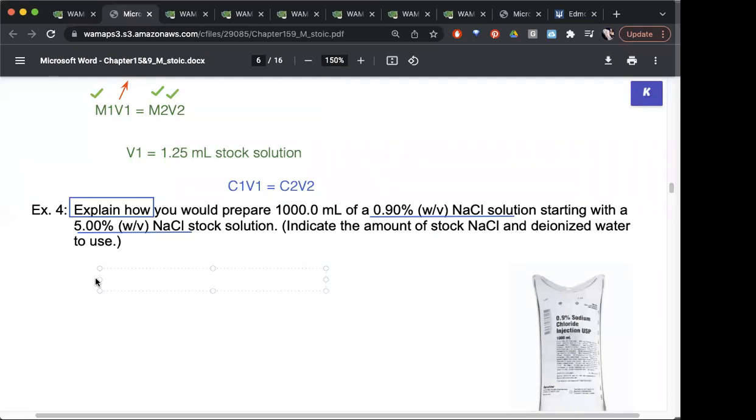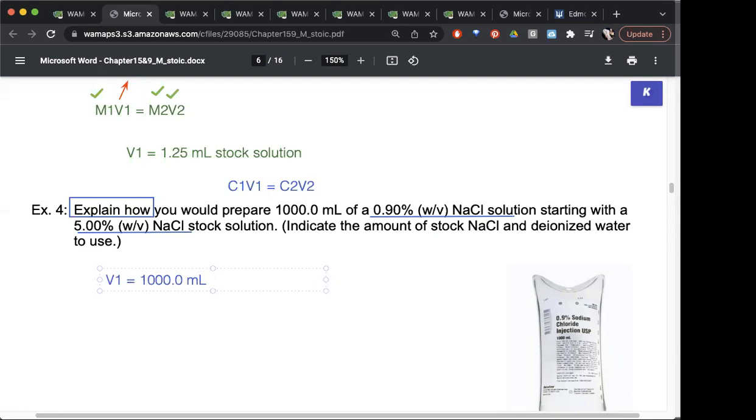So we need to find the V1 again, how much stock solution to make 1,000 milliliters. So let's go ahead and leave that in milliliters.